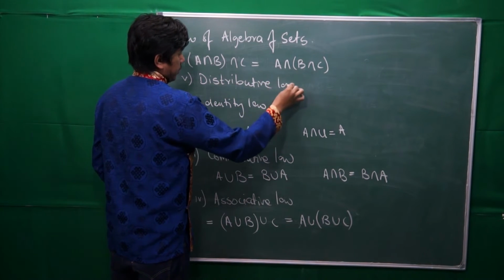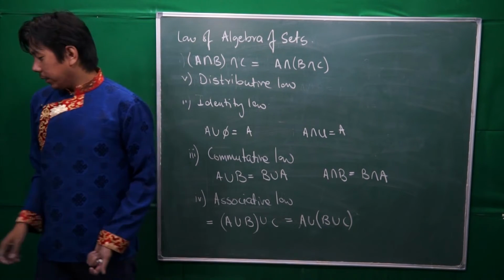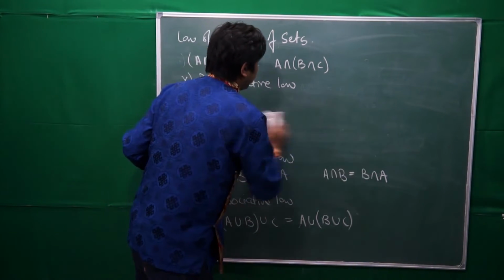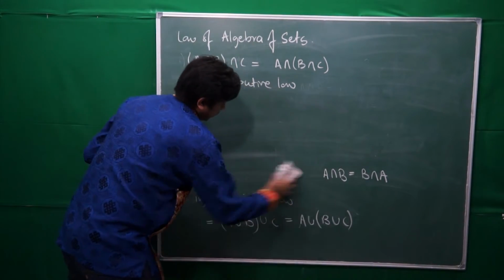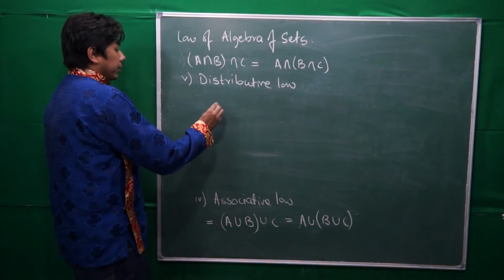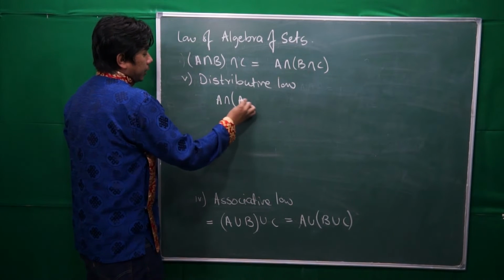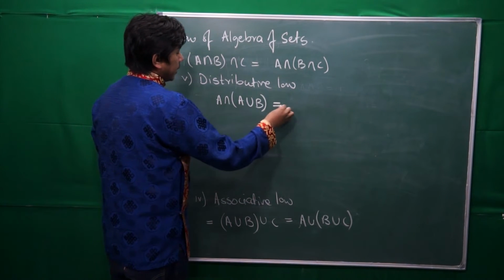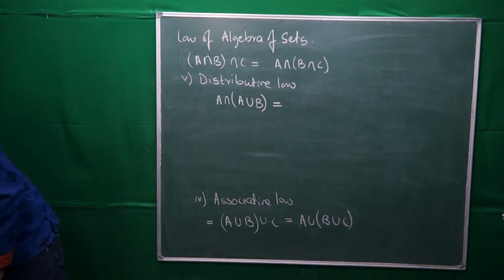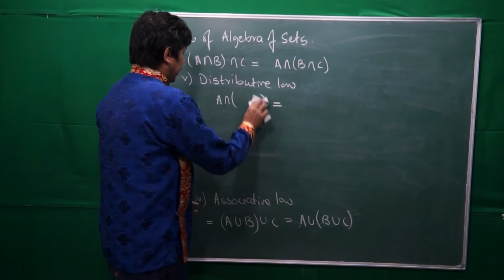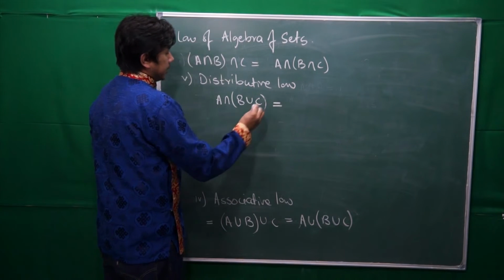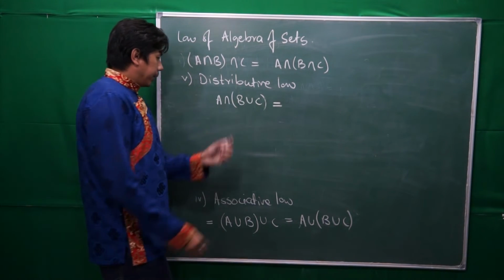Simple. Okay, now law number 5, we have distributive law. As the name suggests, we have to show the distributive nature of the operations of set. So let's write A intersection B union C. Okay, that would be better.